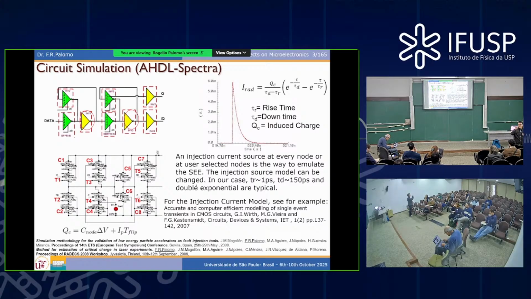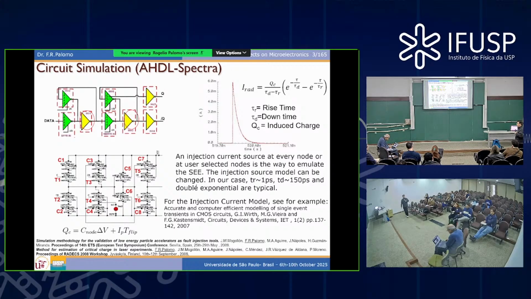Basically, you consider the LET, the energy transfer to the bulk, and divide by 3.6 electron volts. This will give you the number of pairs created, and taking into account that every pair has an elementary charge, you know the charge that you put in that formula. TD and TR are properties of the semiconductor, and this is just to get the shape of that pulse.